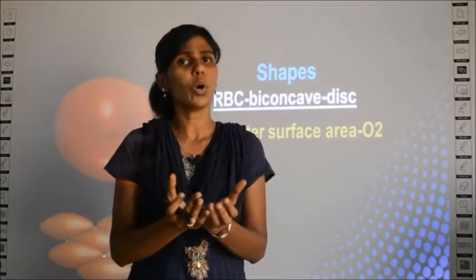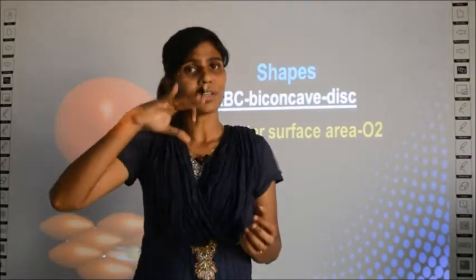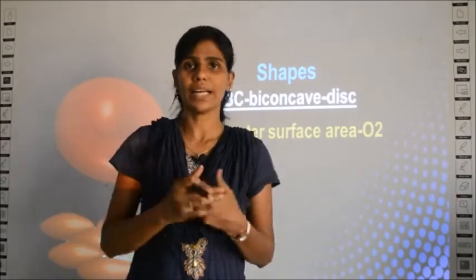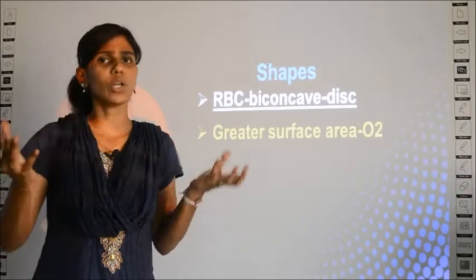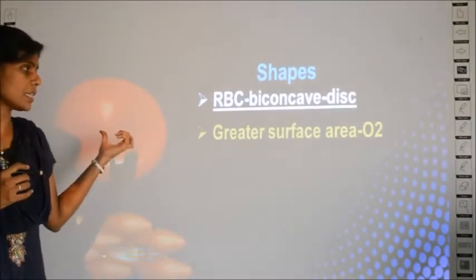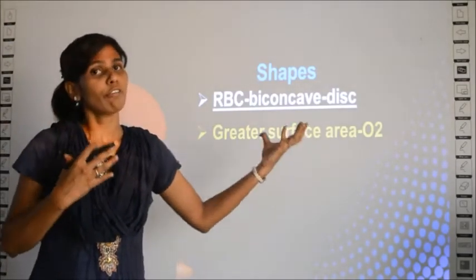The bowl will hold more water, right? Why? Because it has a concave shape which will give more area for the water to be held inside, whereas the plate, since it is flat, cannot hold more, no? So this biconcave shape of RBC cells gives greater surface area for the oxygen.